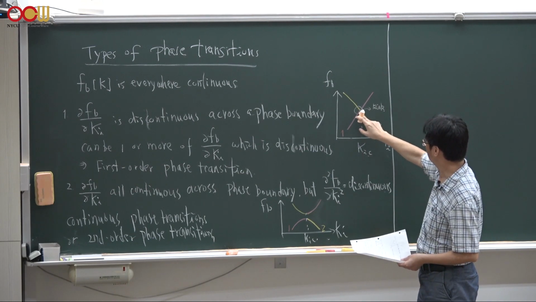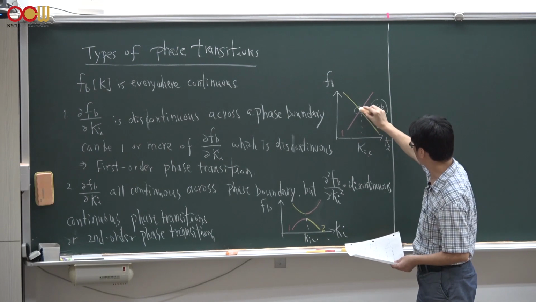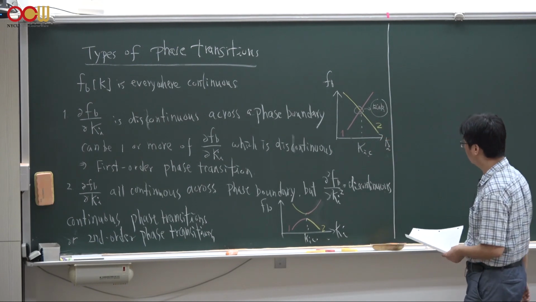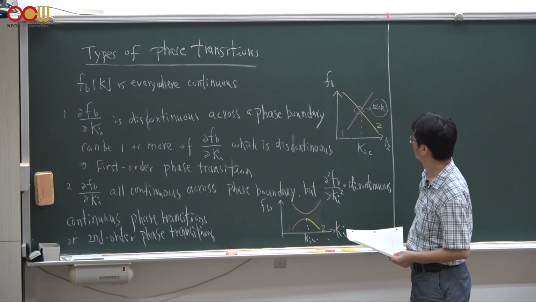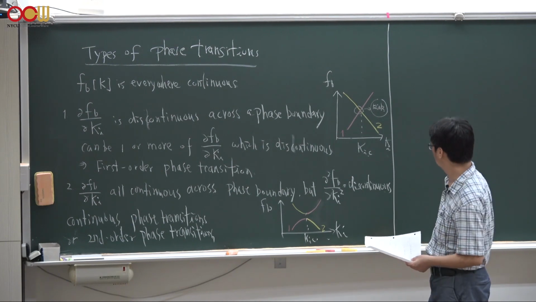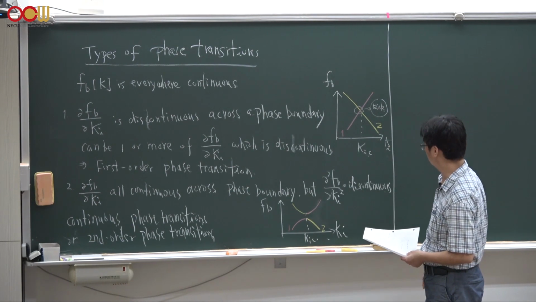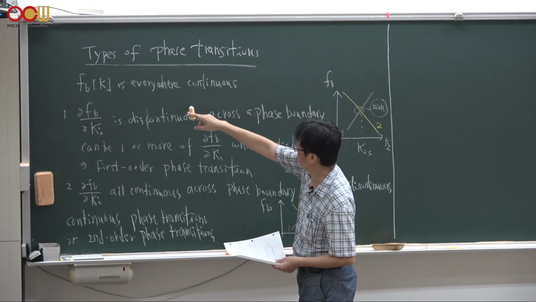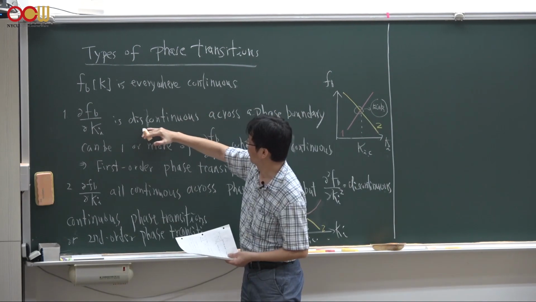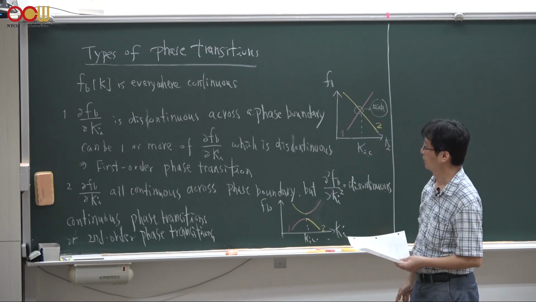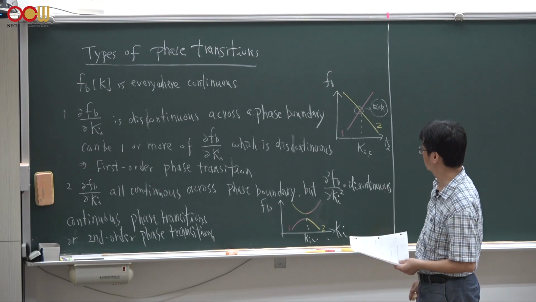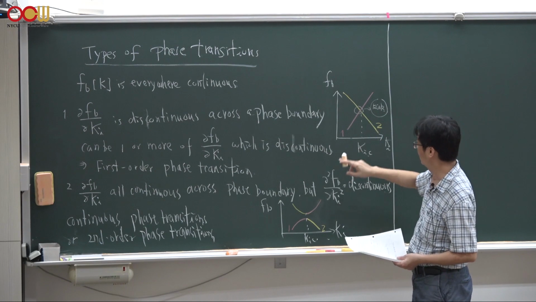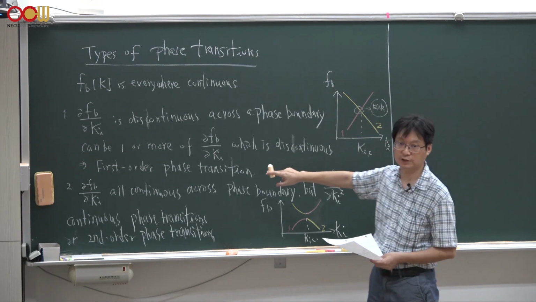But right at this critical point, there's a kink. It's a sharp edge, a kink right at this critical point when we plot this free energy density versus this coupling constant. So that kink does not violate the continuity condition of the free energy density, but it gives rise to this jump, or discontinuity, across the phase boundary, and that jump defines the first order phase transition.